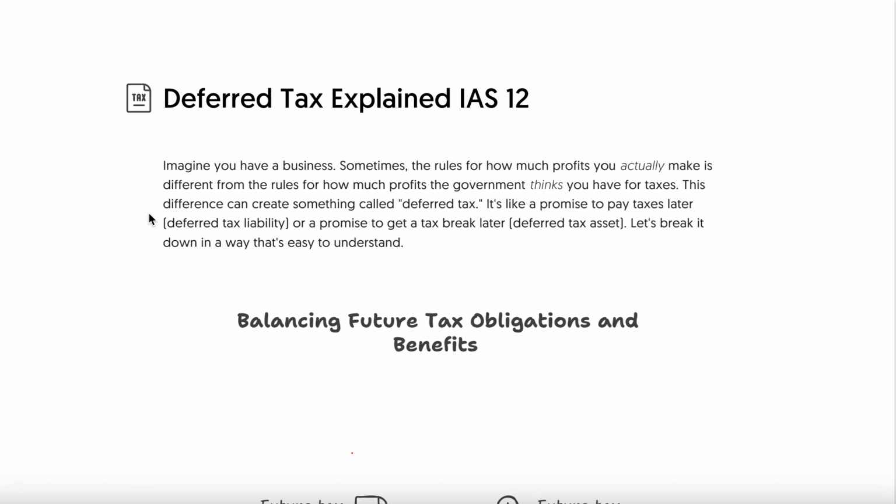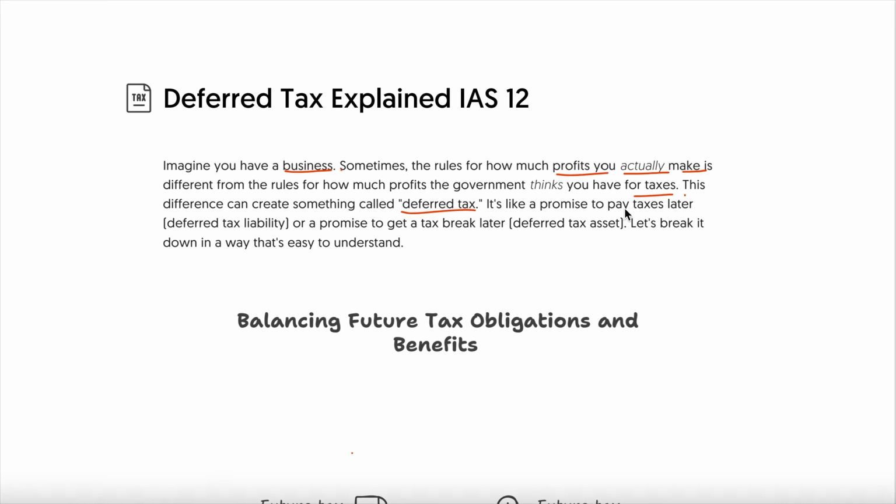As you can see in here, I've put one example. So let's say, imagine you have got a business. Sometimes the rules for how much profits you actually make is different from the rules for how much profits the government thinks you have for taxes. This difference can create what is sometimes called deferred tax.